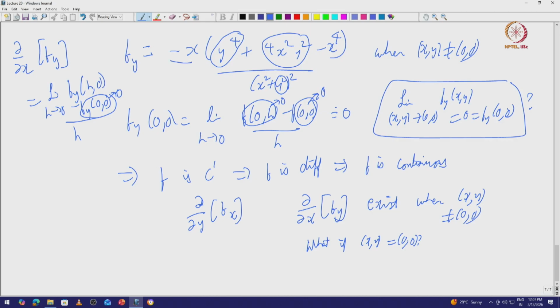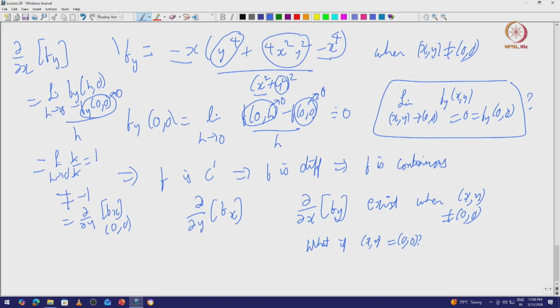Minus x times minus x raised to 4, which is, instead of x you have h, minus h times minus h raised to 4, which is plus h raised to 5 divided by h raised to 4, which is h itself. So, this is simply h divided by h, which is 1. And that is not equal to minus 1, which is d by dy of fx at the origin.